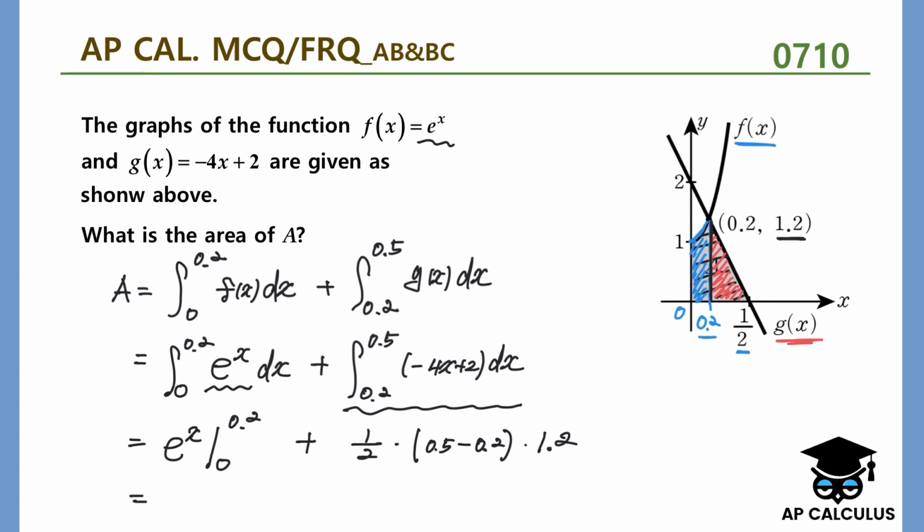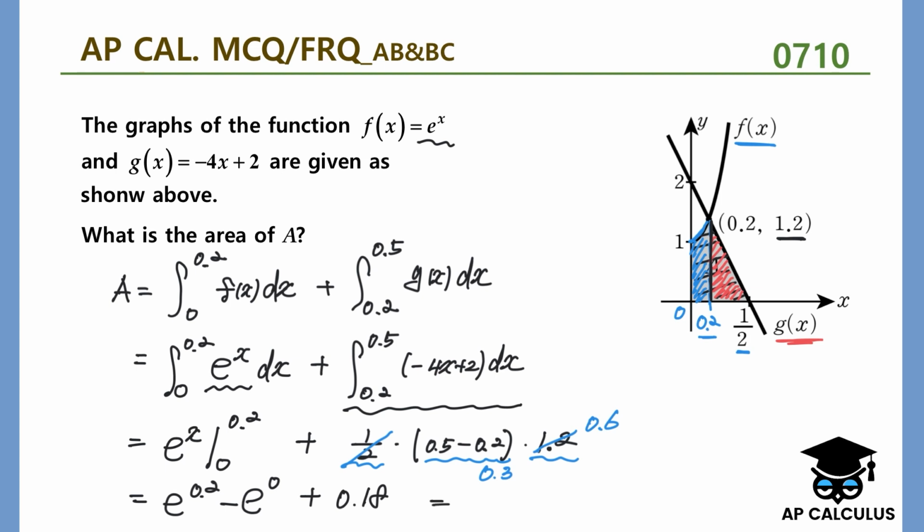So that is equal to e to the 0.2 minus e to the 0, plus 1/2 times 1.2, that's 0.6, right? 0.5 minus 0.2 is 0.3, so that's going to be 0.3 times 0.6, which is 0.18.